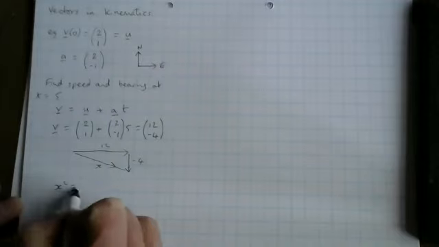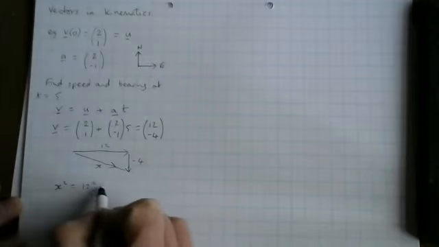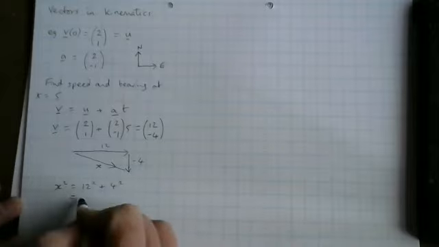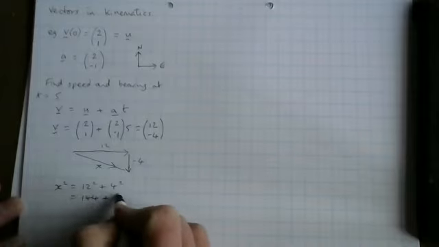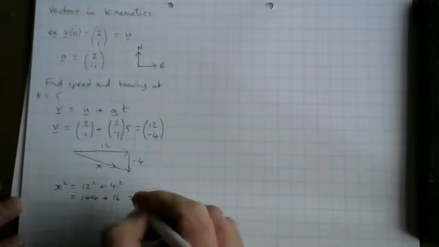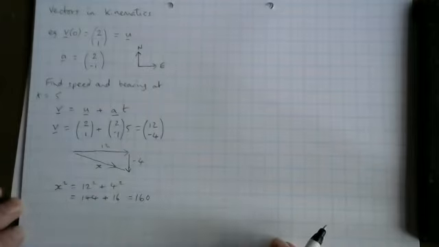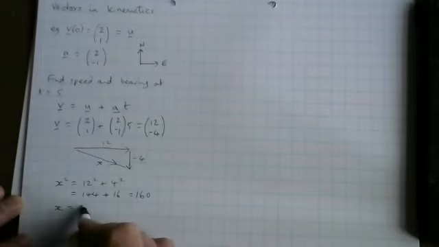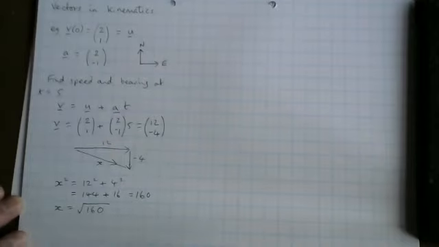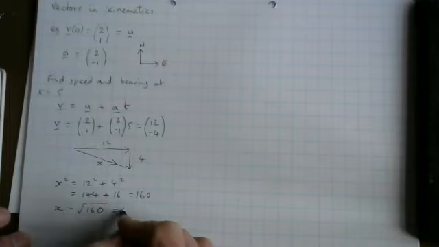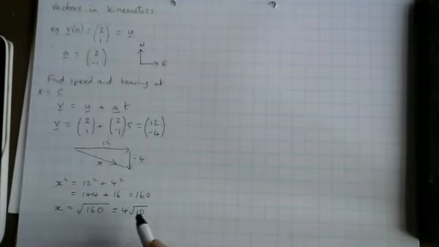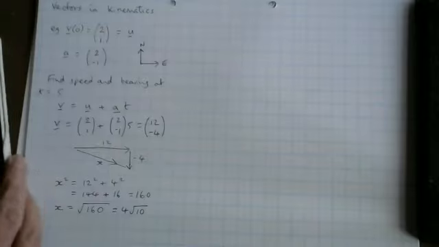X squared equals 12 squared plus 4 squared equals 144 plus 16 equals 160. So x equals the square root of 160. That's the square root of 16 times 10, which is 4 root 10. I much prefer that answer to the answer they're probably going to want me to give them, because 4 root 10 is definitely exact. But I'll pick up my calculator and work out the answer.